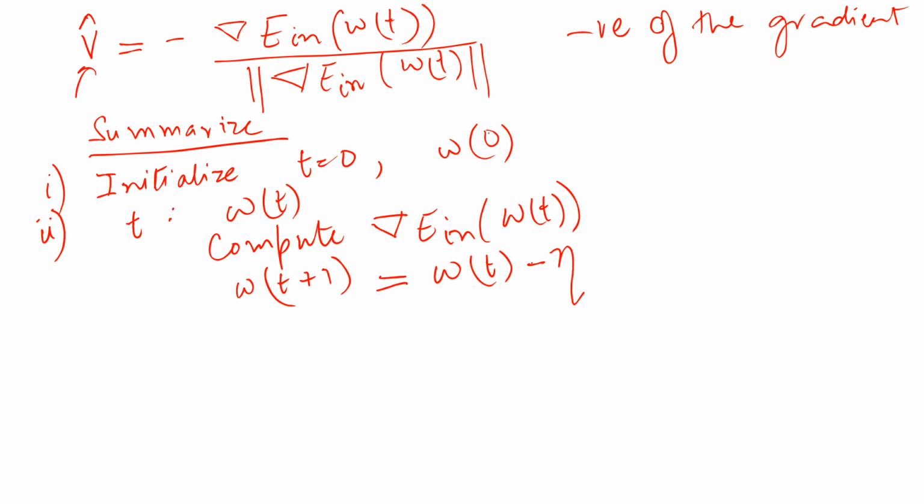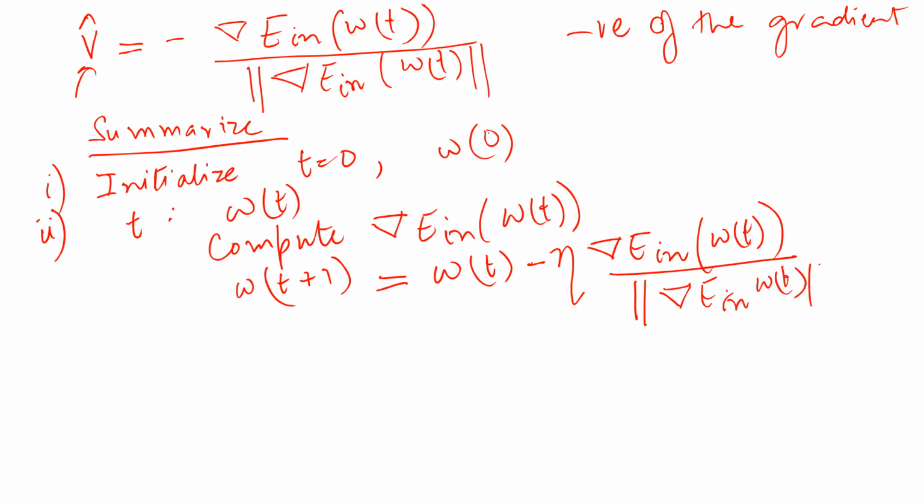V hat now is nothing but the gradient of E_in(W_t) over the norm of the gradient of E_in(W_t). Then at t plus 1, just keep repeating this. So we are finding the steepest direction and moving in that direction.